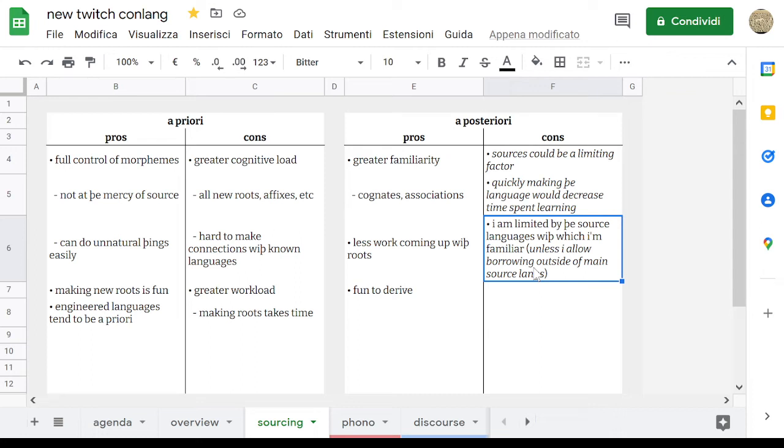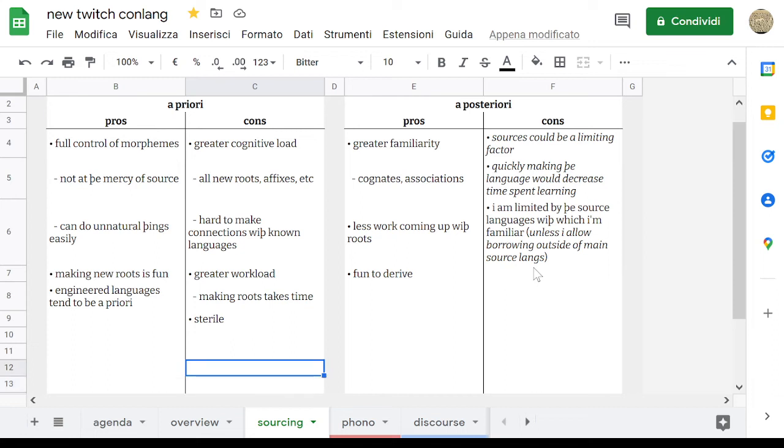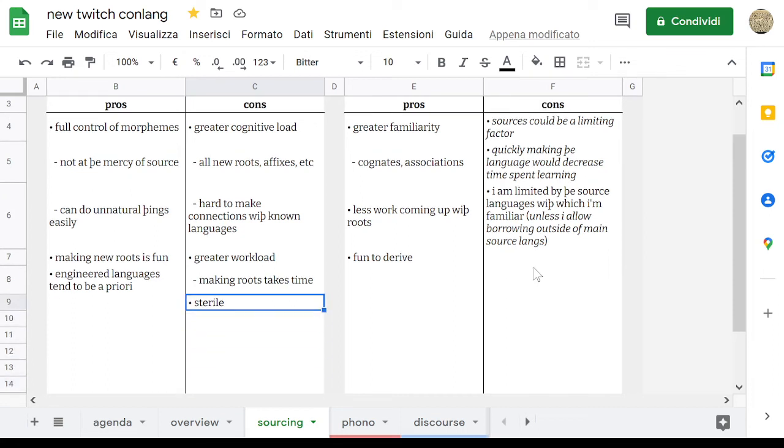I think there's one more pro and con that I could add to each, actually. One is that I intend for this language to describe actual humanities that exist in the world, and using an a priori language for that, even though it is engineered to be adept at doing so, if it's completely a priori, there's a part of me that feels like it makes it kind of sterile.